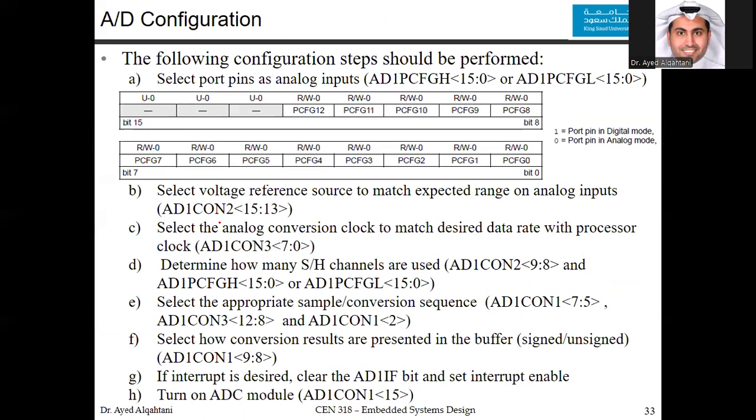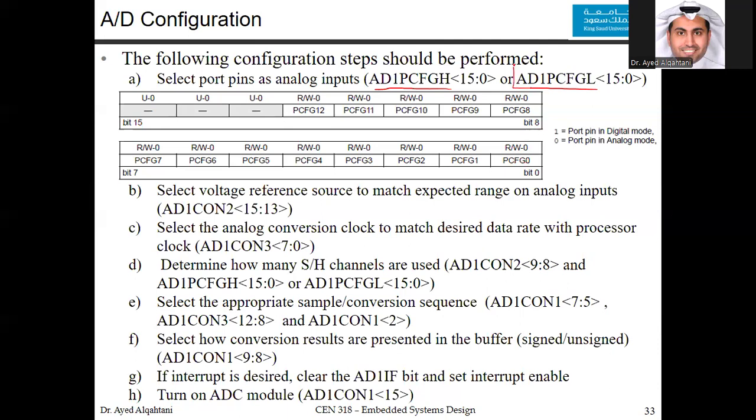It's only listed here. The only thing you need to remember is you have the AD1 BCFG high and the AD1 BCFG low. These are 2 special function registers that list the BCFG values.